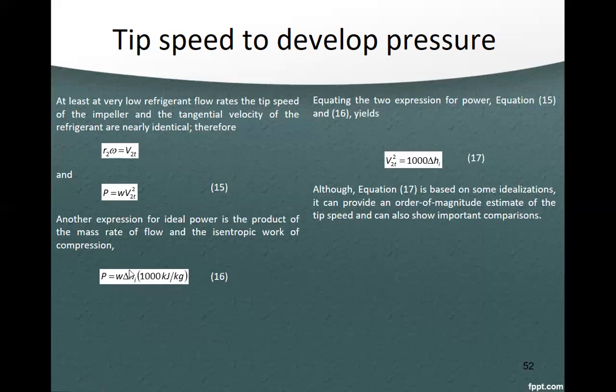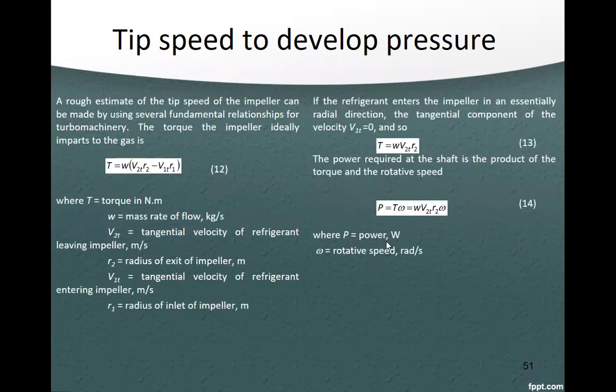Times 1,000. This is a conversion. So this is 1,000. The power mo, sabi dito in watts, kasi ito meter kilogram per second, this is magiging meter per second squared, meter squared per second squared, tapos ito kilogram per second.